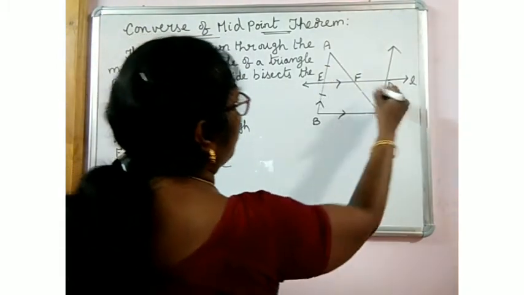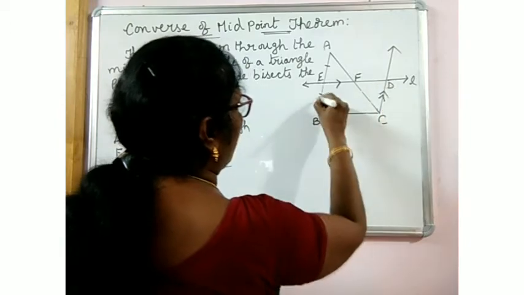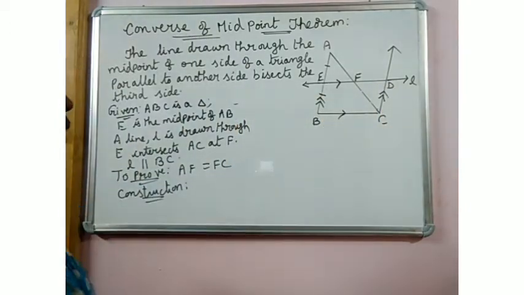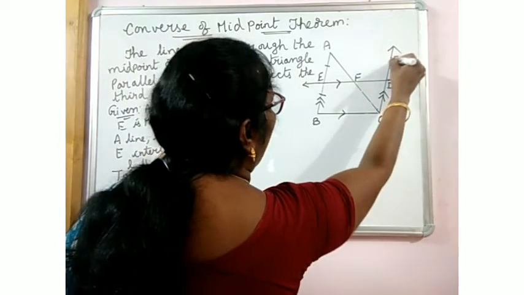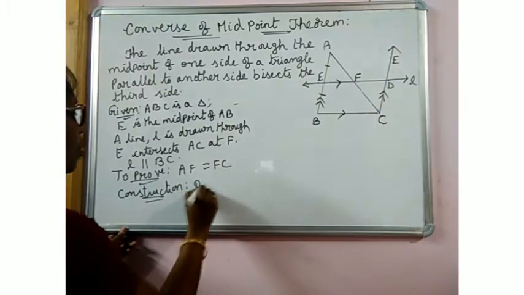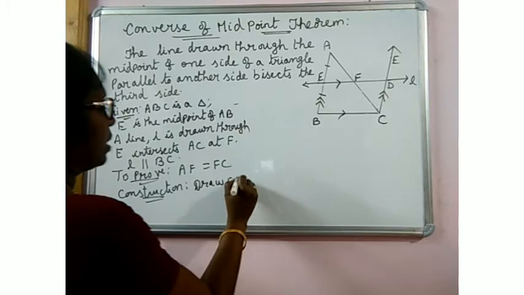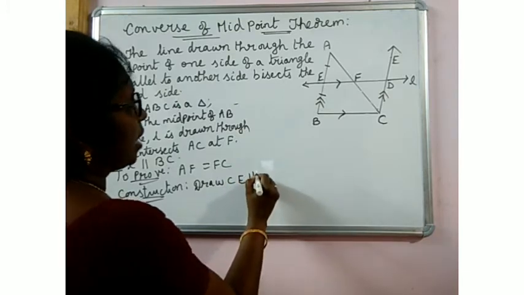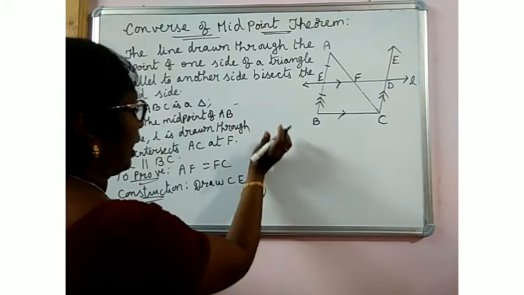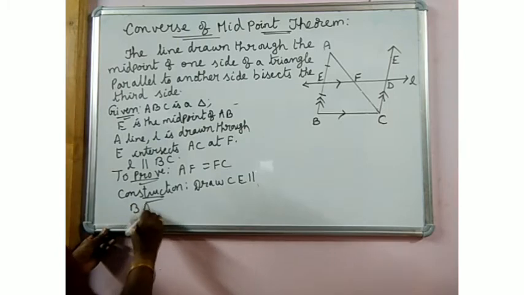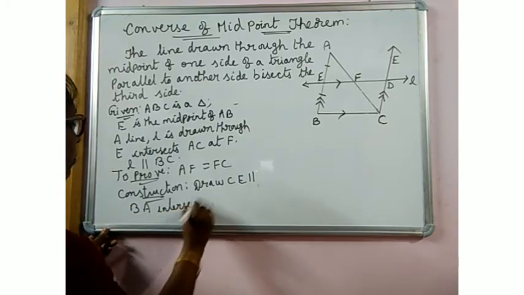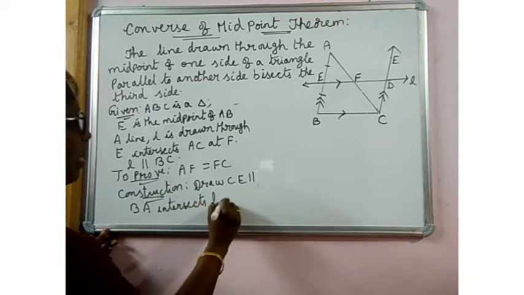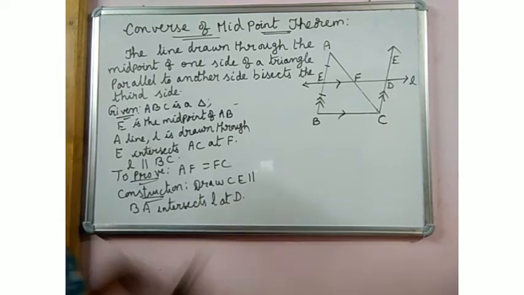That means these two are parallel. Let me give two arrows. Let me name it as D. Draw CD parallel to BA, intersects L at D. That is your construction step.